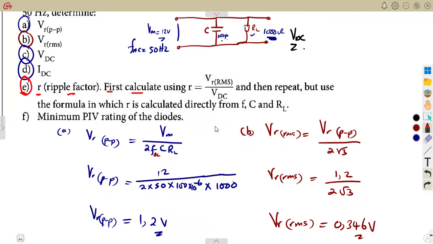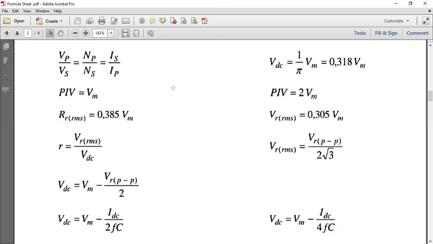So they want us to use the ripple factor from the normal formula that we are used to. Remember from our normal formula, the ripple factor is given from the ripple RMS over the DC. So first using that, can you calculate the ripple factor? That is the question there.